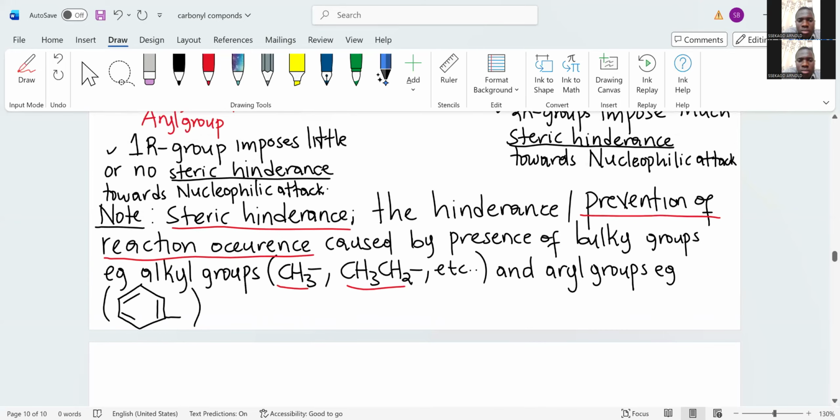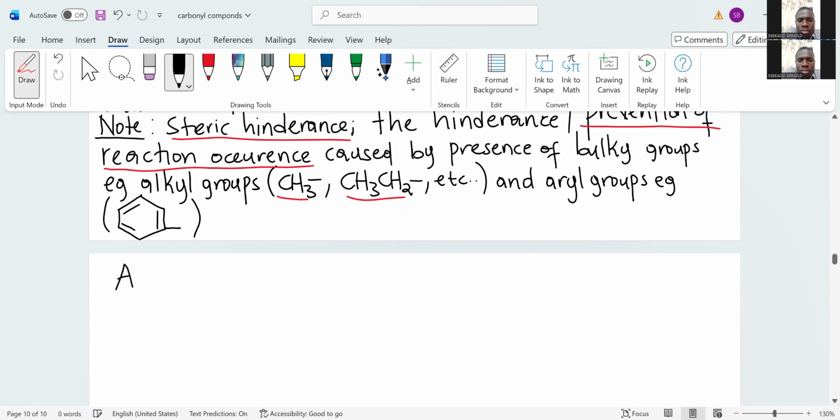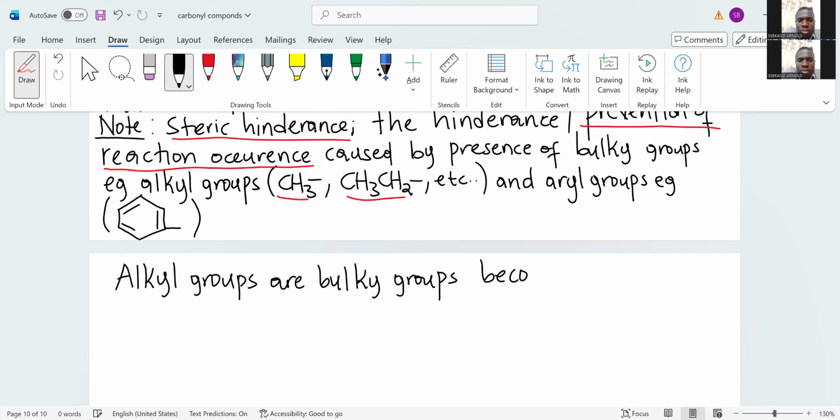Alkyl groups are bulky because of the following. Alkyl groups are bulky groups because they have positive inductive effect.